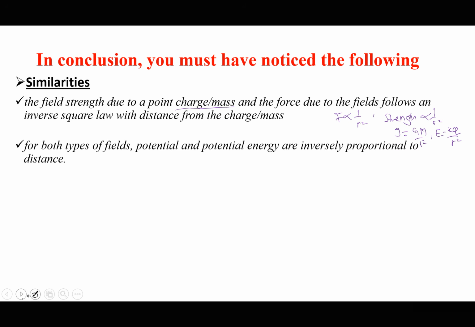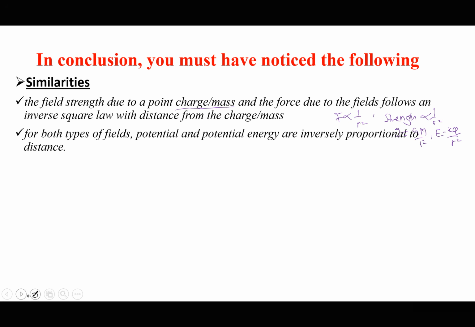Number two, you must have seen that in both cases, potential and potential energy are inversely proportional to distance. For gravitation, potential was equal to negative capital G m over r, and for electric, potential is equal to kq over r. In both cases, potential is inversely proportional to the separation or distance.